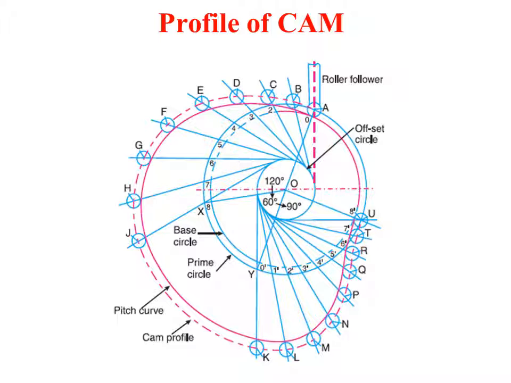After marking 120 degree, 60 and 90 degree, divide the outstroke and the return stroke into an equal number of parts, 8, as done in the displacement diagram. Now when joining the points 1, 2, 3, 4 or O dash, 1 dash, 2 dash by lines, make sure that these lines go beyond the prime circle.